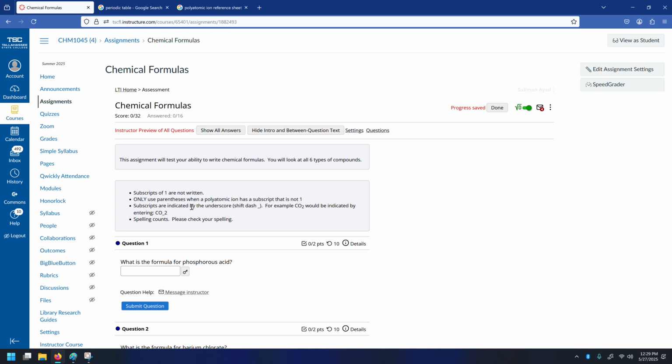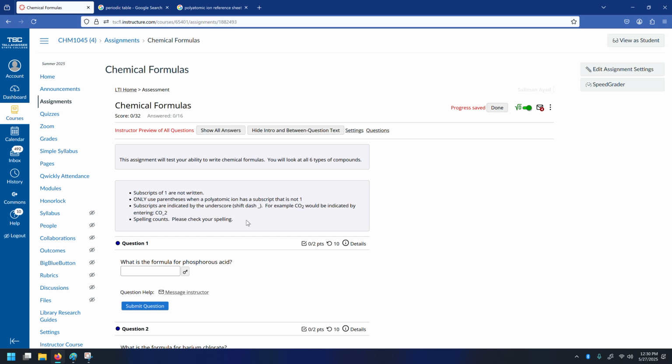Subscripts are indicated by the underscore symbol because the Lumen OHM homework system isn't complex enough that we can have superscripts and subscripts. We're just going to use the underscore to say this is a little number now. And so we would write CO2 like this, CO underscore 2.